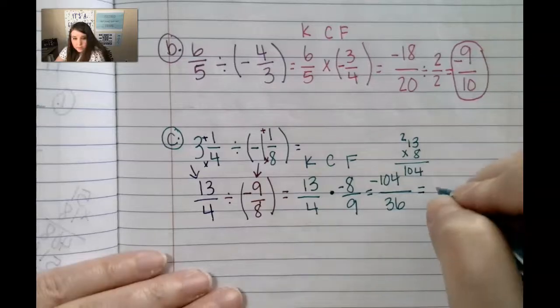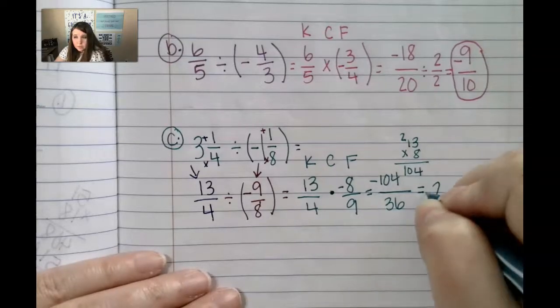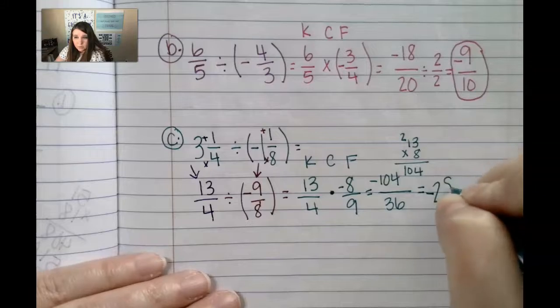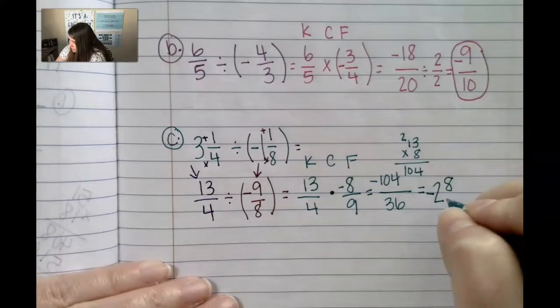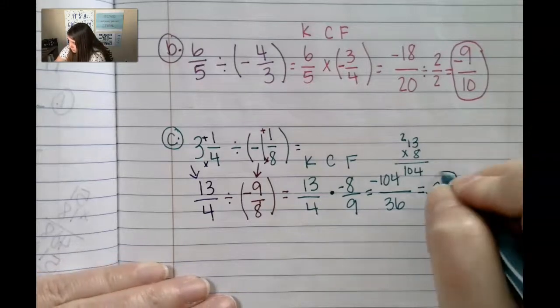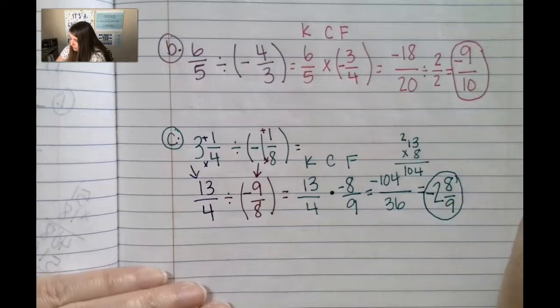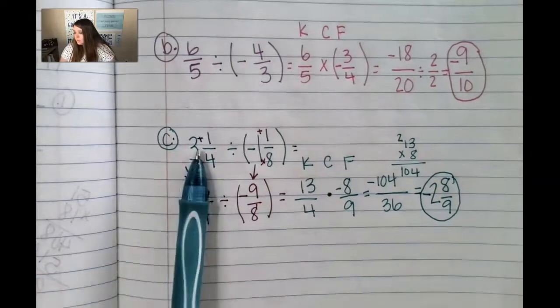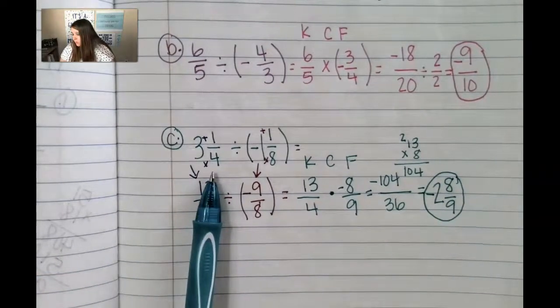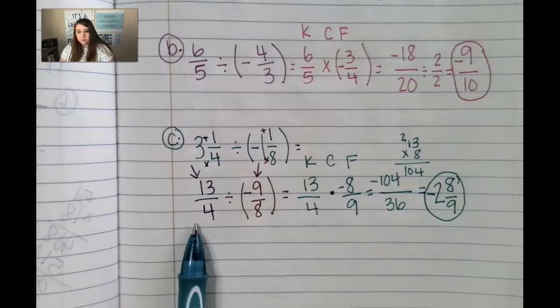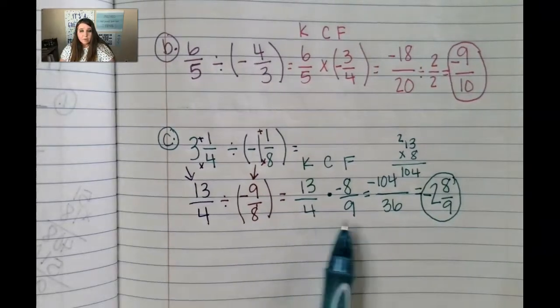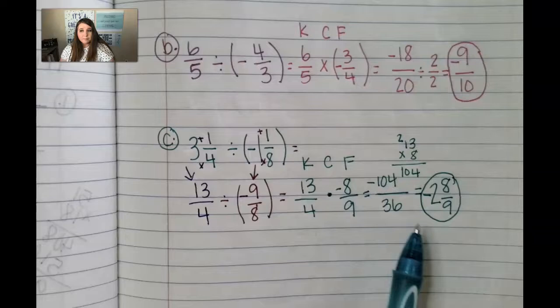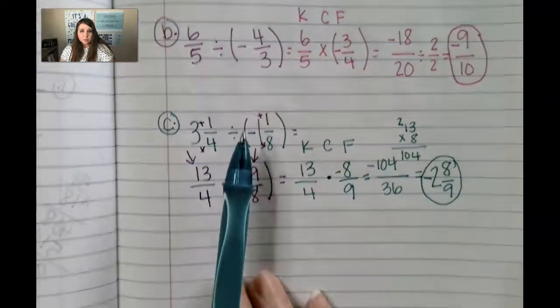All right, so let's see here. It can go in -2 times with 8/9ths left over. So again, the only difference in this problem here was that we had to first convert to improper fractions, and then we could do keep, change, flip, and then reduce.